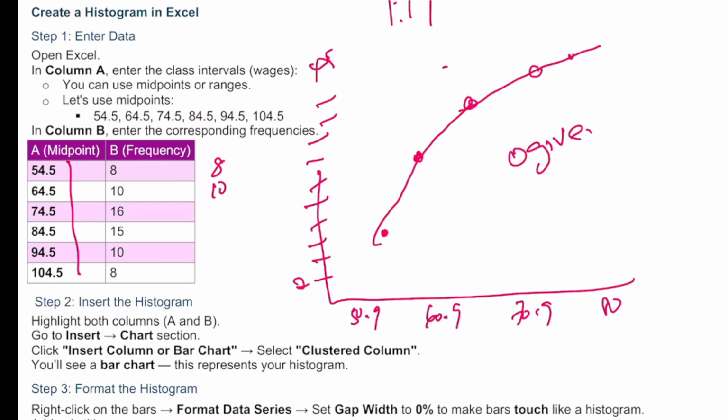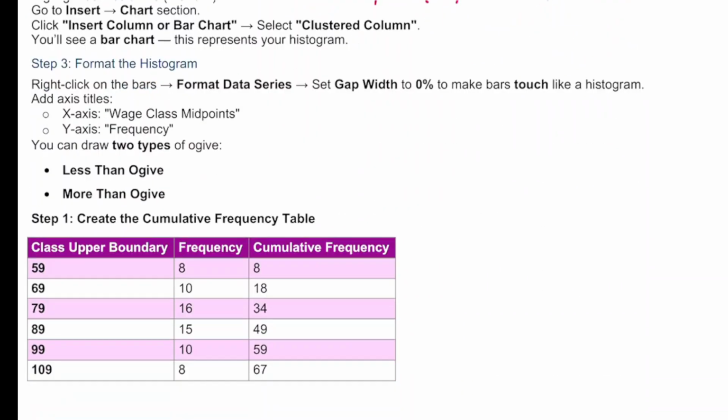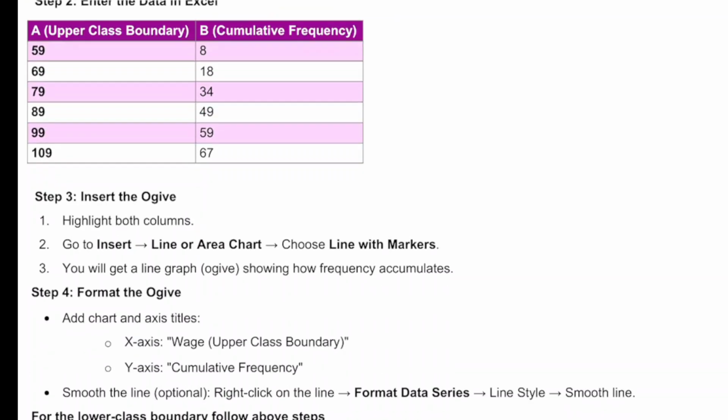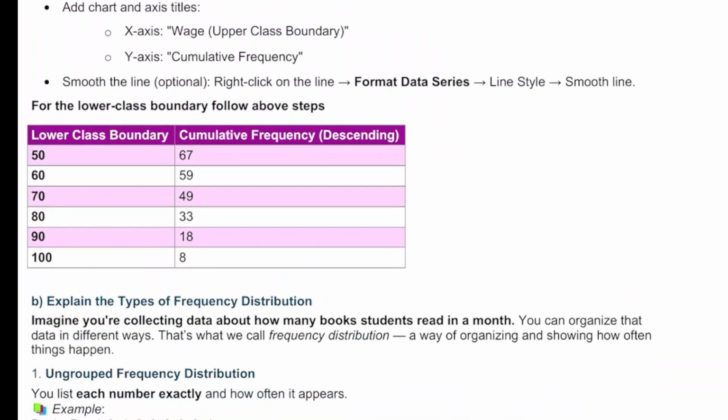Okay, so let us continue. Now you can understand the difference between histogram and OGIF. OGIF can have the lower and the higher class boundary.